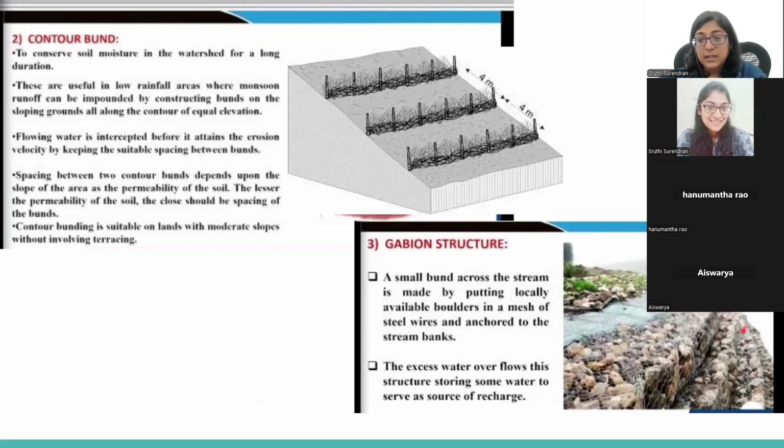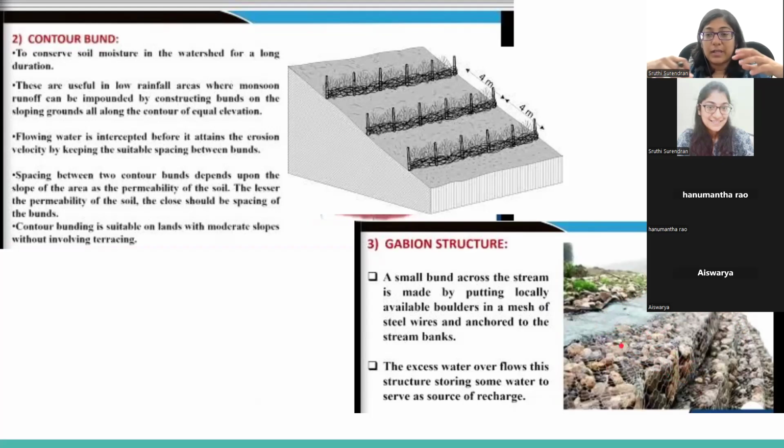When there is a huge amount of rainfall, the stream is going to overflow and water is going to come into this area. Once the water level subsides, this water will be retained over here, and will help in recharging the groundwater in this area.